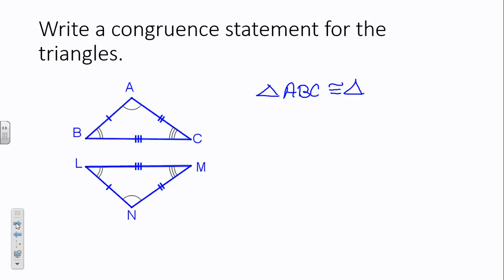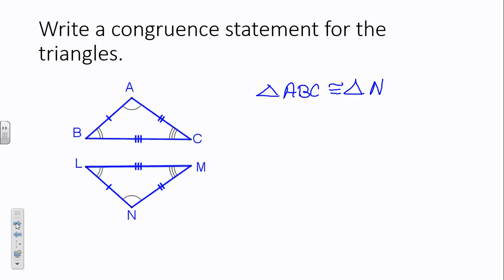Angle A is congruent to which angle? N, so we have to list N first. Ariana, angle B is congruent to which angle? I like it, but let's just do a single letter since we don't have to name them all. So B has just two arcs, so which one is it congruent to?